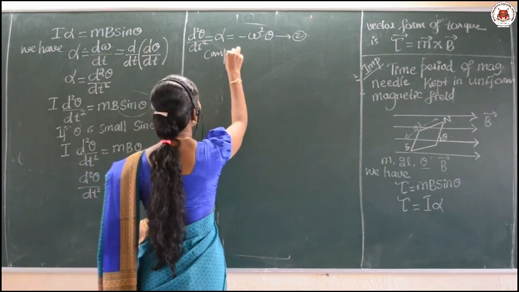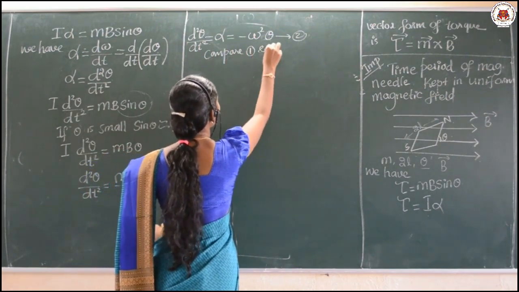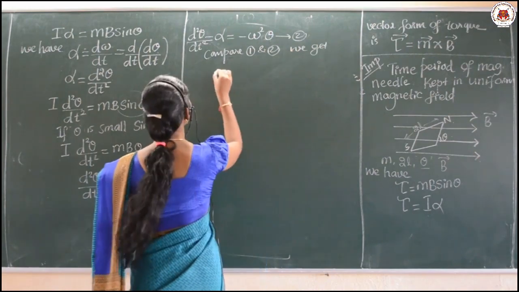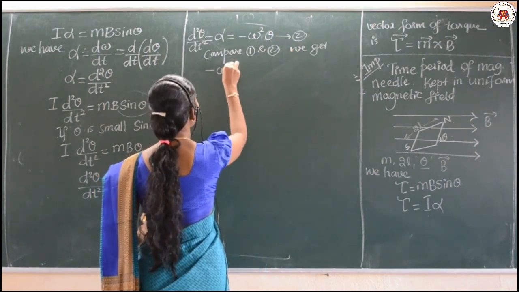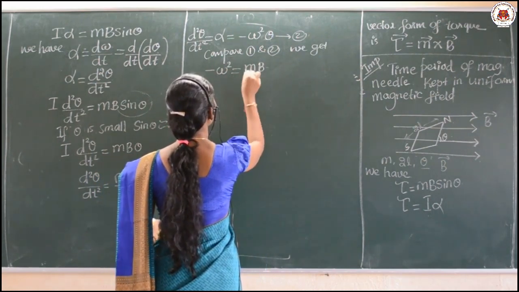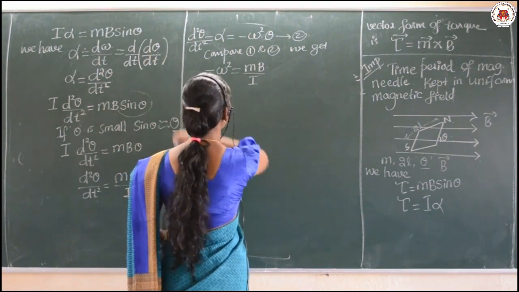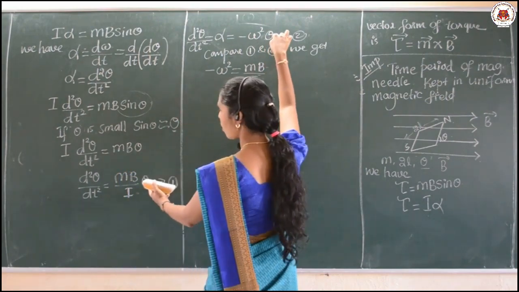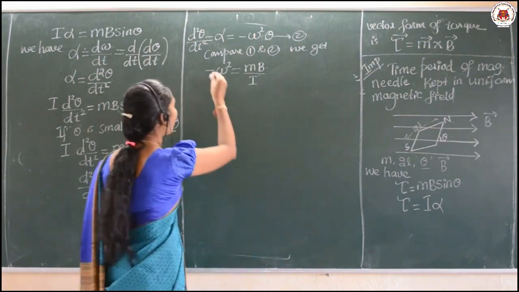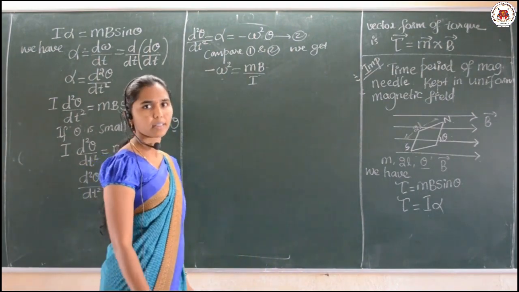Compare 1 and 2, what we get here, that is minus omega square is equal to mB upon I. Because theta is common, so omega square is equal to mB upon I, and neglect this negative sign.